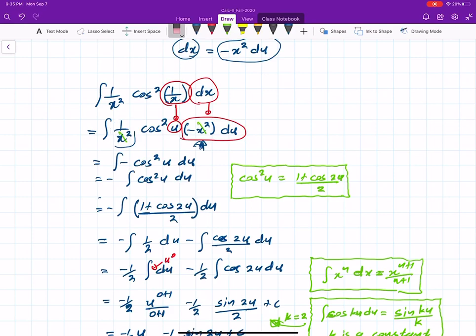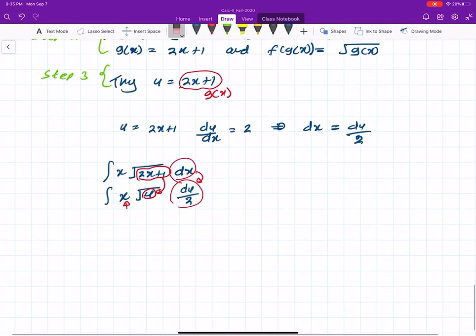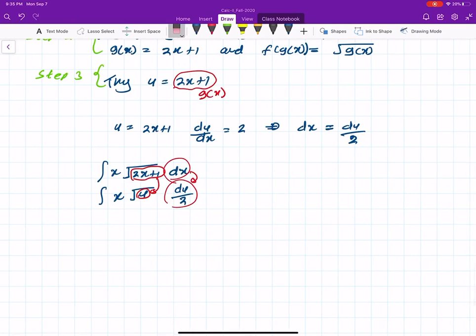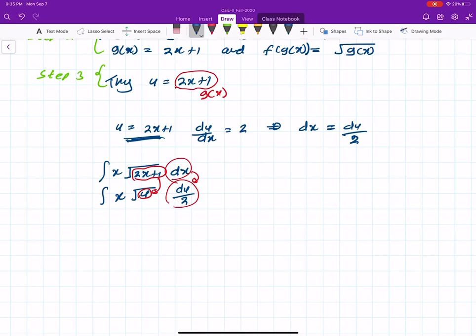Now it doesn't happen. This x is not cancelled with anything here. Because of that reason, you also have to substitute something for x. That's easy. If you work on that part, you can just solve that for x. Once you solve that for x, you can substitute that right here.